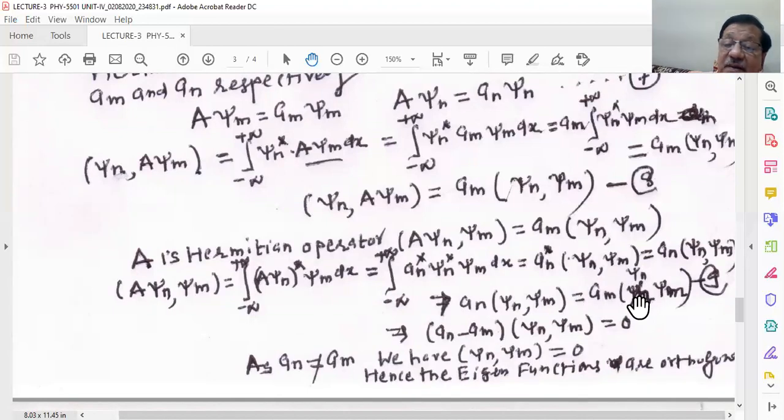So I may recombine these two terms, and I may write down (a_n minus a_m) times the scalar product of psi n with psi m equal to 0.